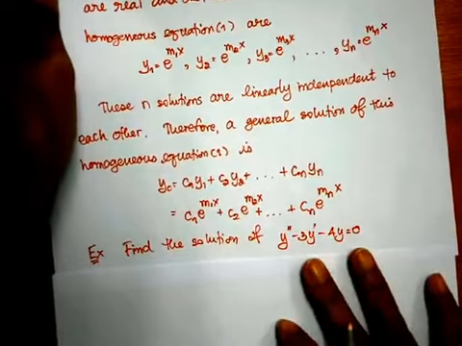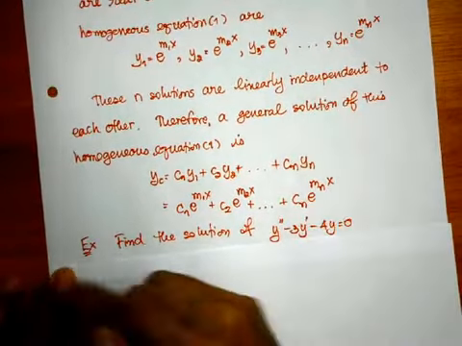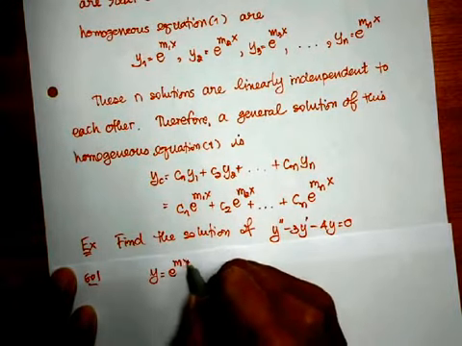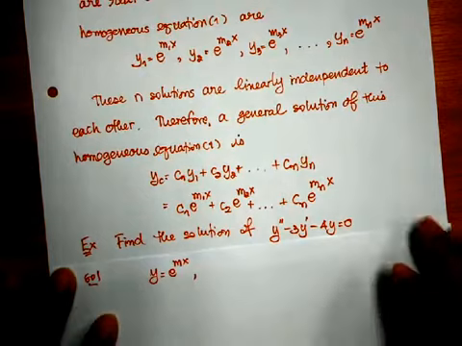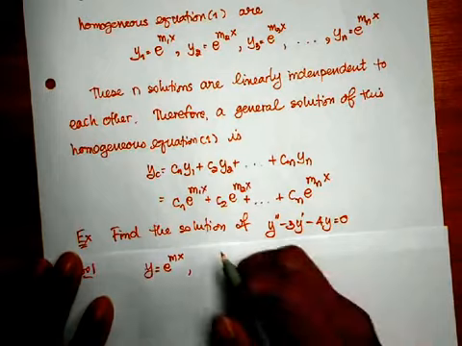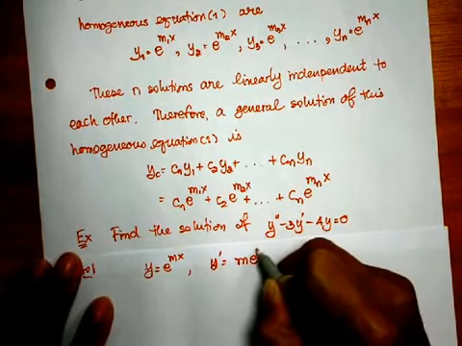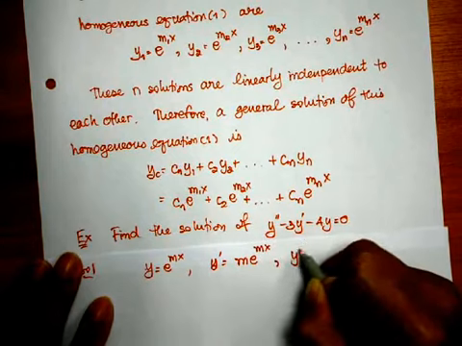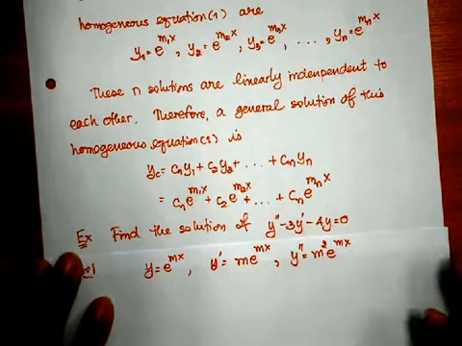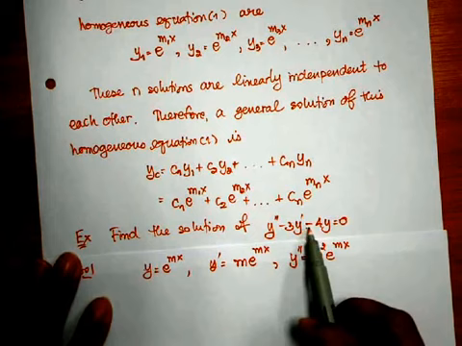Please find the solution of this differential equation. We begin by assuming y is equal to exponential of mx. So we differentiate y two times. The first time we get m exponential of mx, and the second time m squared exponential of mx. Then we put y and its derivatives into the differential equation.